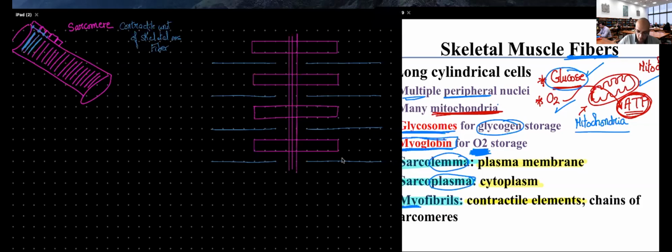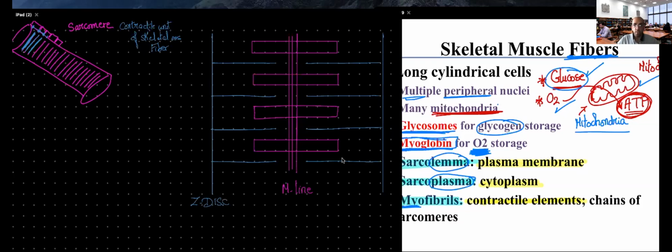We call this my M line. All the thin filaments at the periphery here are going to be attached together by what we call the Z disc.